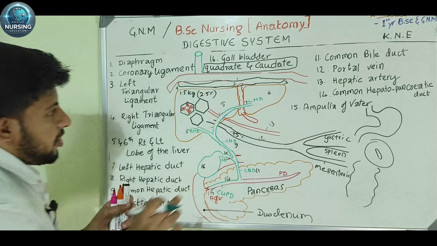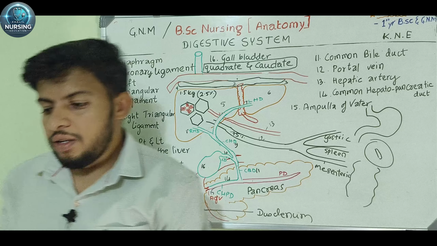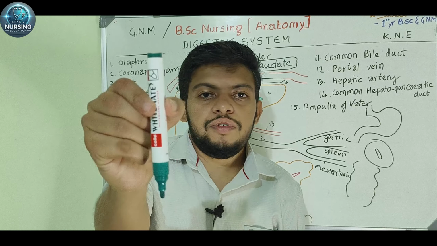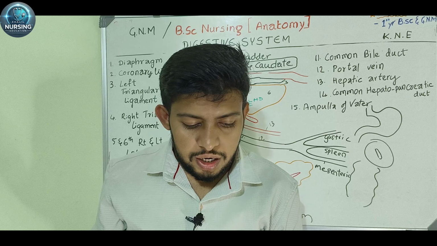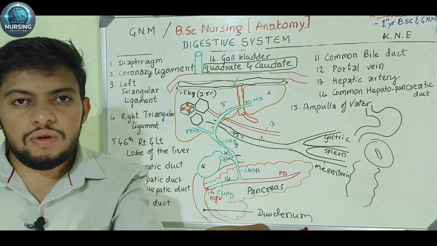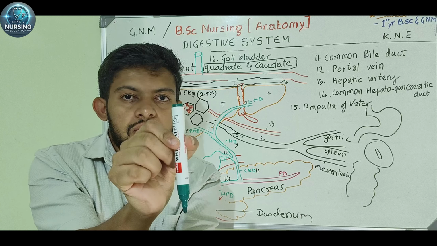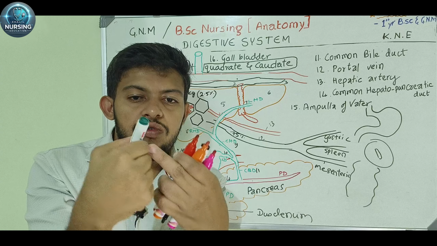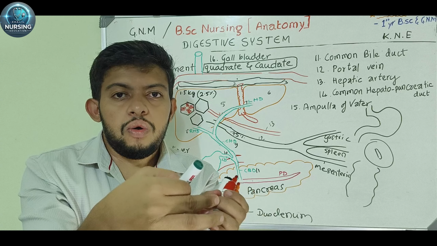In the posterior aspect the caudate lobe holds the inferior vena cava like this, and the other one holds the gallbladder like this. This is the quadrate and this is the caudate. The one which holds my hand is the caudate. This one is the quadrate.